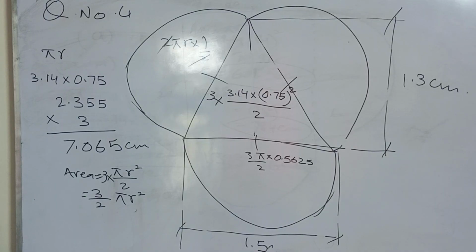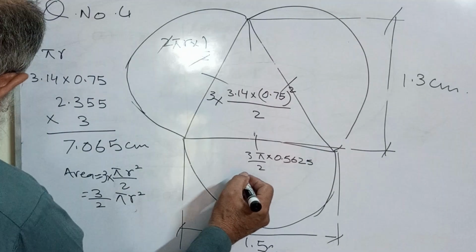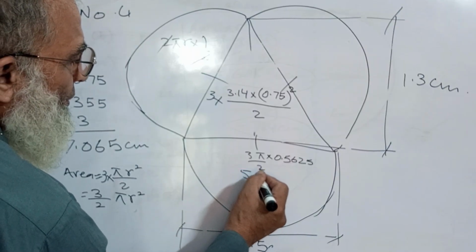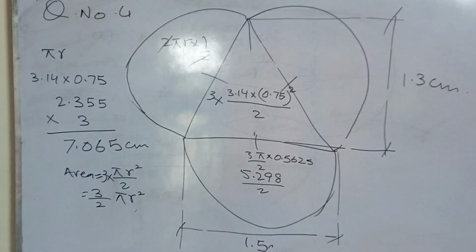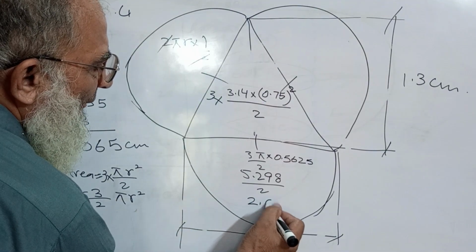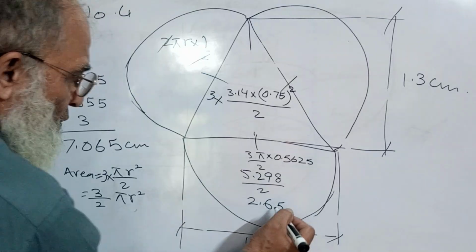Multiplied by 3.14 multiplied by 3 equals 5.298, divided by 2 equals 2.65.